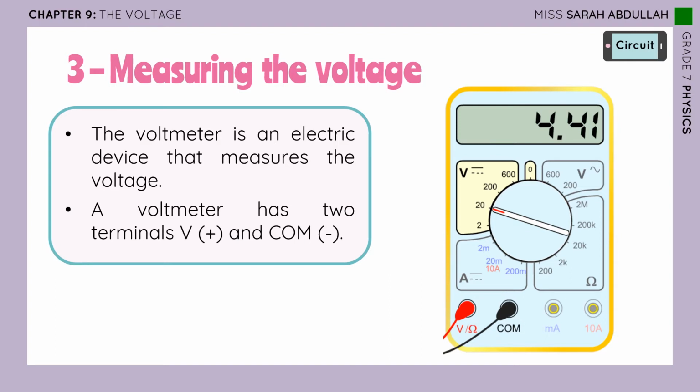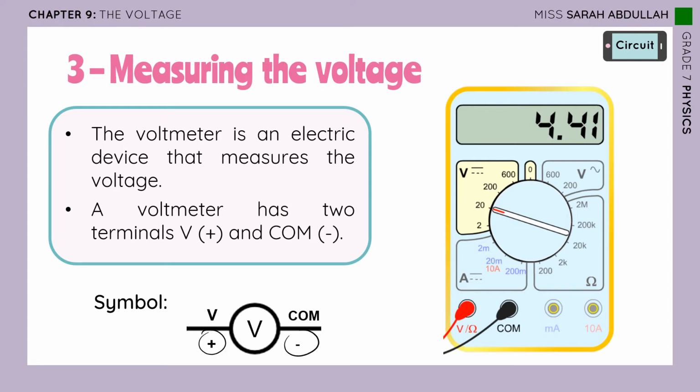Now, if I want to schematize an electric circuit and use the symbol of a voltmeter, how would it look? It is really close to an ammeter, but instead of the A, we have a V. So a circle with a V, and then it has two terminals. The positive is the V, and the negative is the COM.